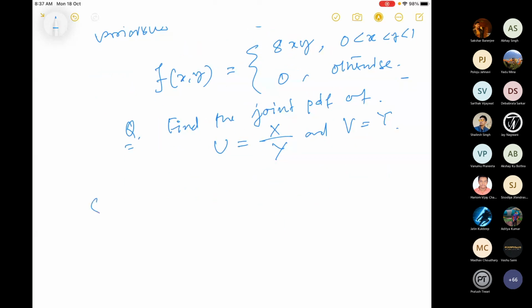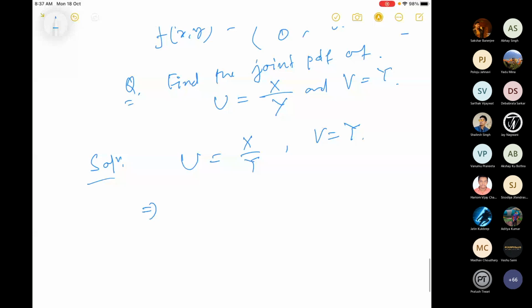So how do you proceed? We have these functions, u equal to x by y, and v equal to y. We first have to write x in terms of u, v and y in terms of u, v. So this implies x equals u times y, but y is equal to v, so x is equal to u times v, as simple as that. And y is of course equal to v.